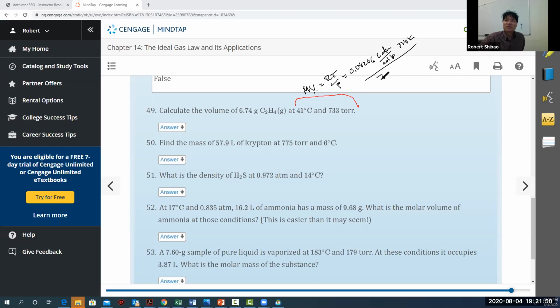Pressure 733 torr. All right, so we've got 0.08206 times 314 divided by 733 times 760. This is going to be 26.71 liters per mole. So it's a little bit bigger because of the higher temperature and lower pressure.